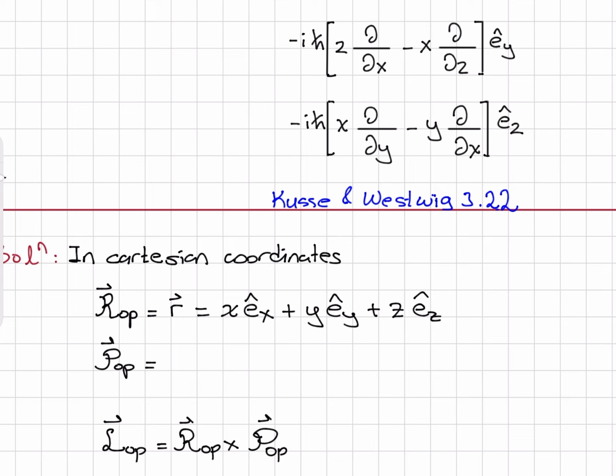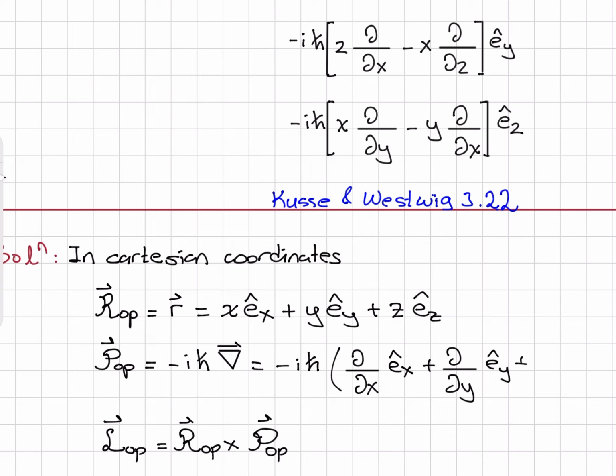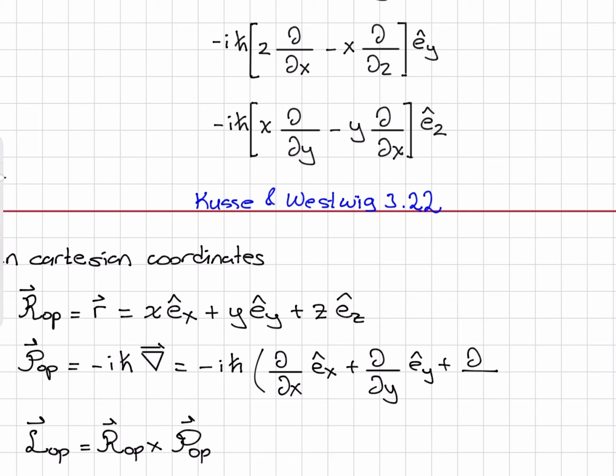The momentum operator is minus i h bar gradient, and if I write this in the Cartesian coordinate system, this would be minus i h bar times del/del x e_x hat plus del/del y e_y hat plus the partial derivative with respect to z e_z hat.